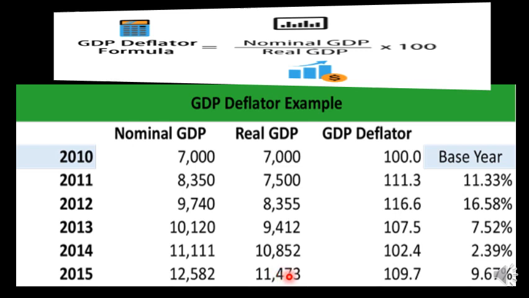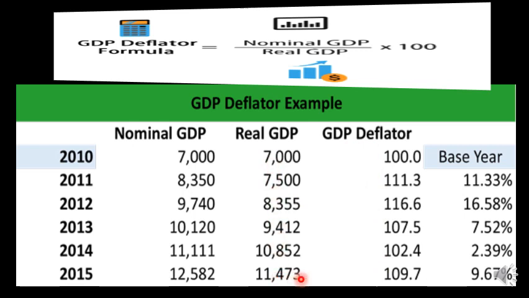So let us just go ahead. Now this example I've just put here so that you can go through it. If you want to understand, you can relate it to what we have done in the previous class and with the formulas. This table will help you to understand the GDP deflator's role in calculating real GDP.